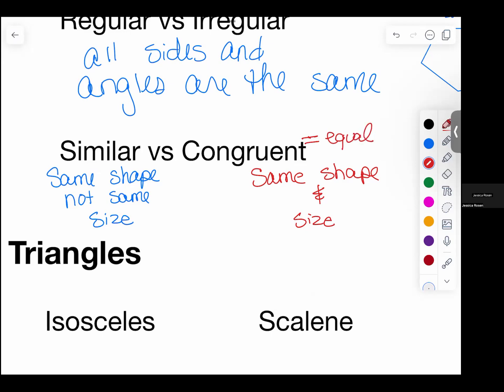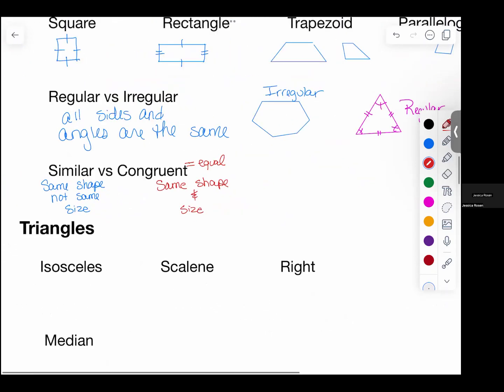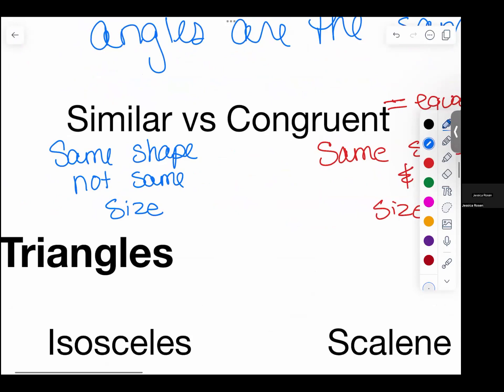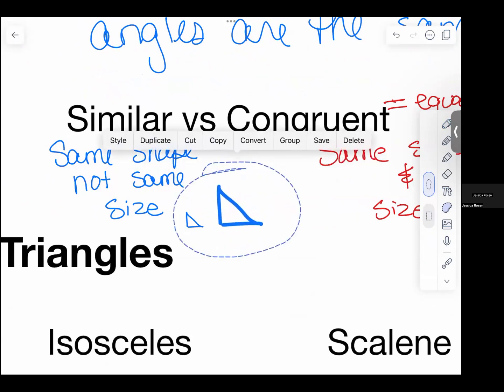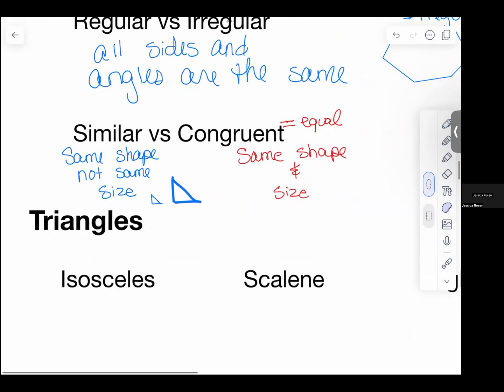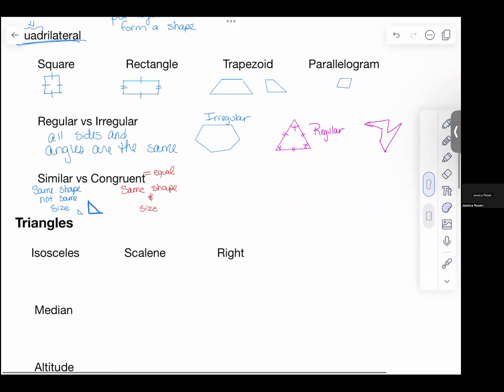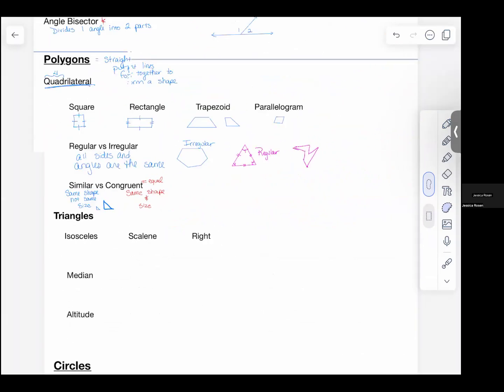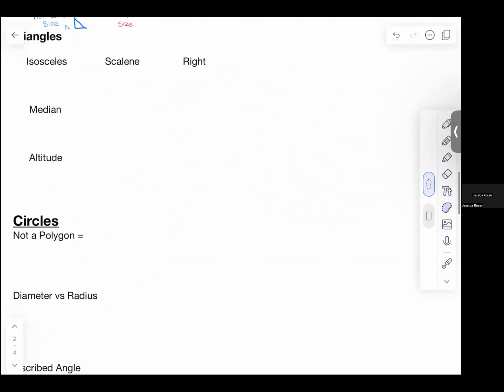So if we have, for example, this triangle, and then I copy it and just make it bigger, then those are going to be similar figures. But if I have the exact same thing, then it's going to be congruent. Okay, and they're just going to give us problems where, hey, we have two congruent figures, or hey, two similar figures. Oh, we're almost there.